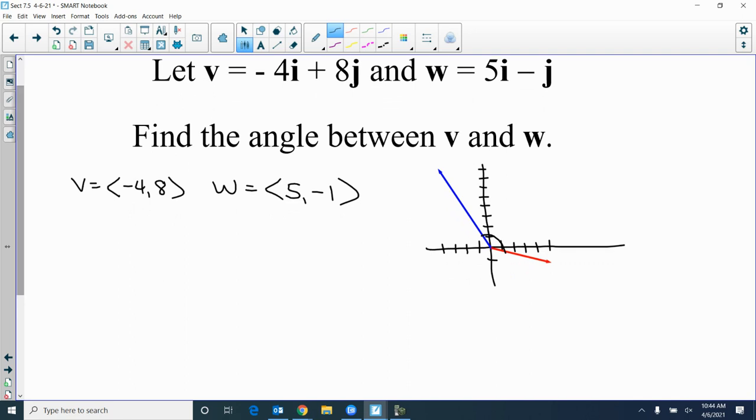And so cosine of theta is the dot product divided by the magnitudes. And negative 4 times 5 plus 8.